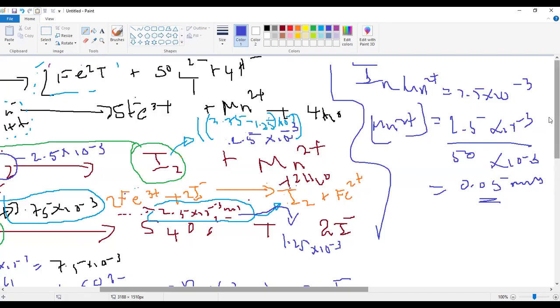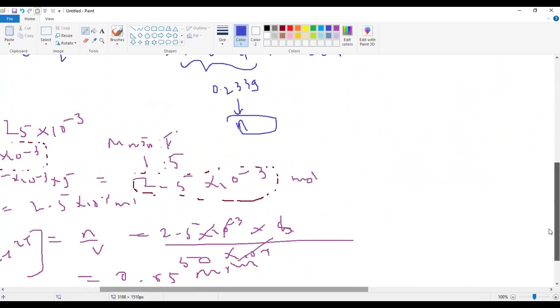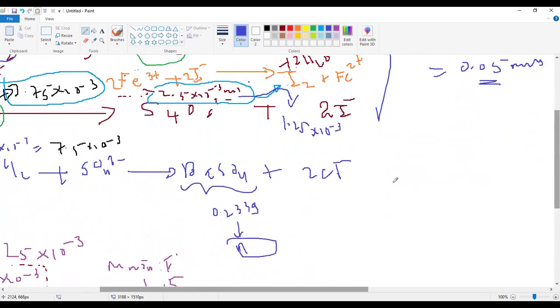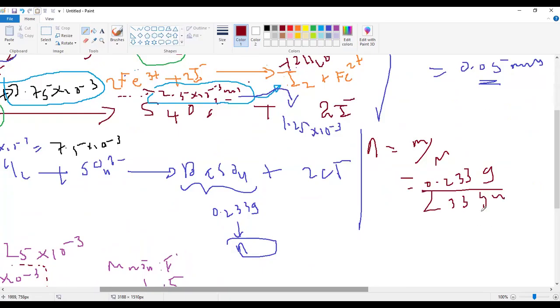Then now we have to go for procedure 3. In procedure 3, that's of course very easy. First you find the moles of barium sulfate. You know the mass. Moles is equal to small m over capital M, 0.233 gram over the molar mass, 233 gram per mole.